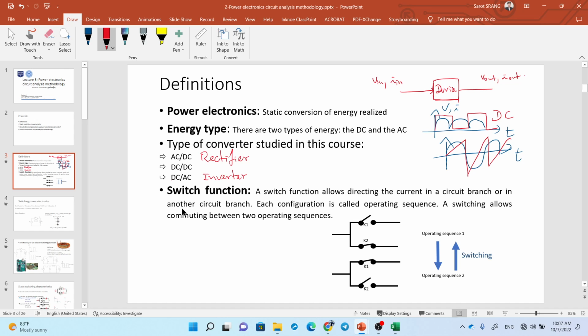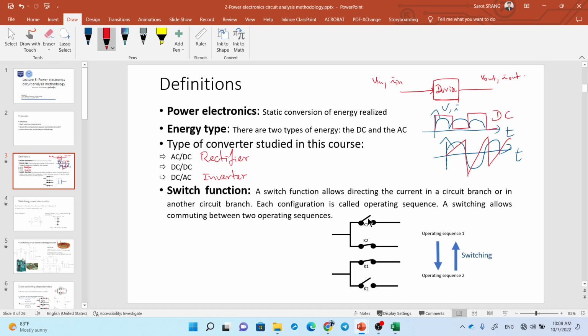And the last definition is switch function. A switch means you can turn on or turn off, allowing current to flow from one branch to another. Switching allows commuting between 2 operating sequences. So in this case, you can see K1 off, K2 on, and then K1 on, K2 off.